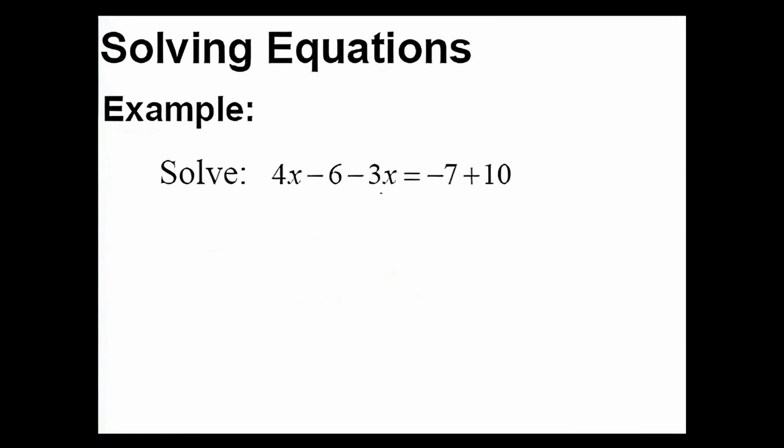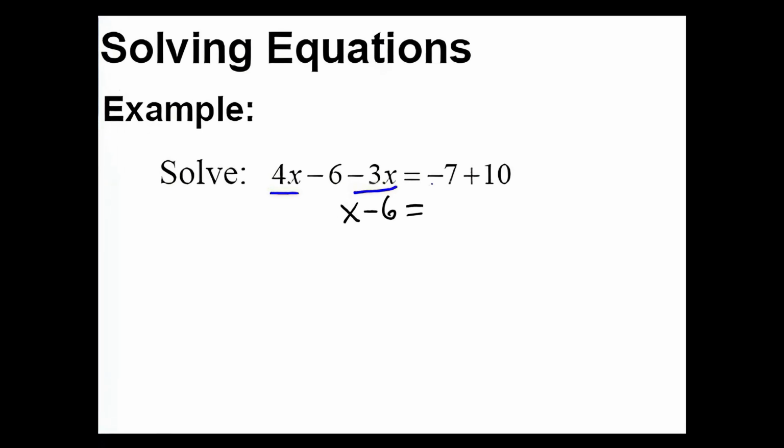Let's look at one more example. This one has some simplifying on each side that we can do. On the left-hand side, the x terms can go together. So we have 4x minus 3x gives us just 1x minus 6. Bring your equals straight down.